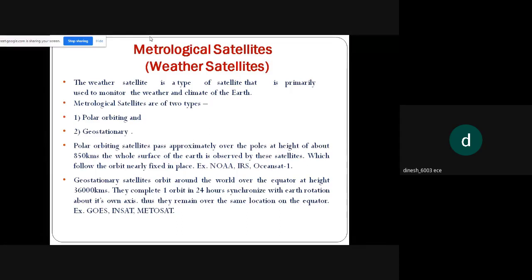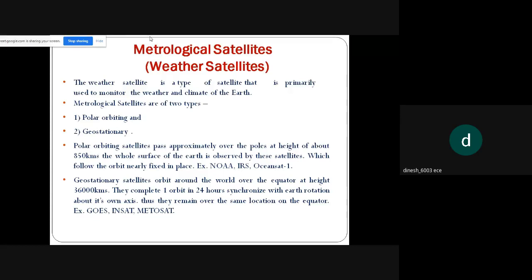The polar orbiting, as we are familiar, passes approximately over the poles, North Pole and South Pole, at about 700 to 800 kilometers, where the satellite will cover the Earth 16 times per day. Examples are OceanSat-1, IRS, and NOAA, which are deployed in polar orbits.